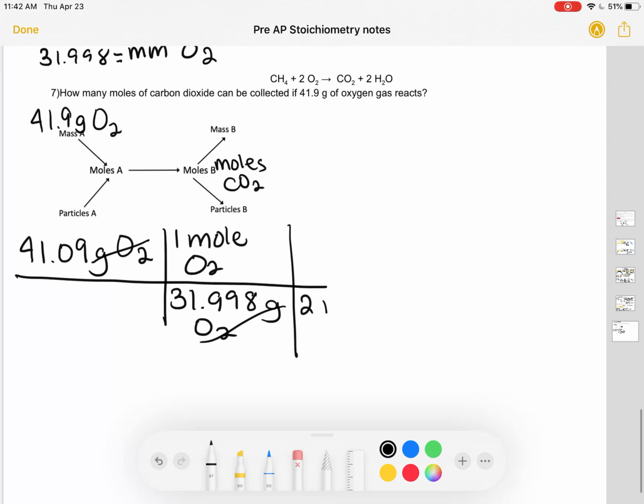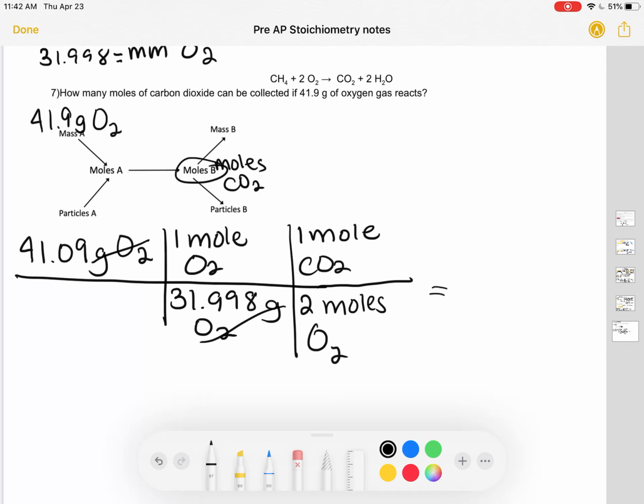For every 2 moles of O2, we get 1 mole of carbon dioxide, and that's as far as I have to go. I get to stop right here. Okay, let's put this in our calculators. Oh, I realized I put 41.09. That's not true. It's 41.9.